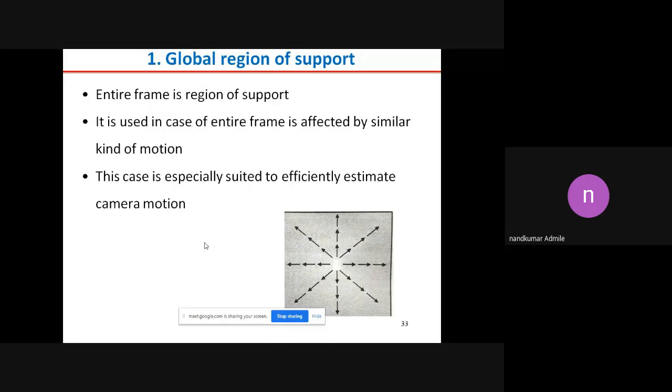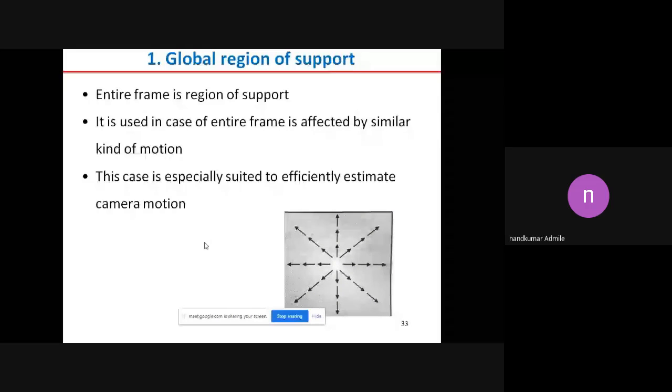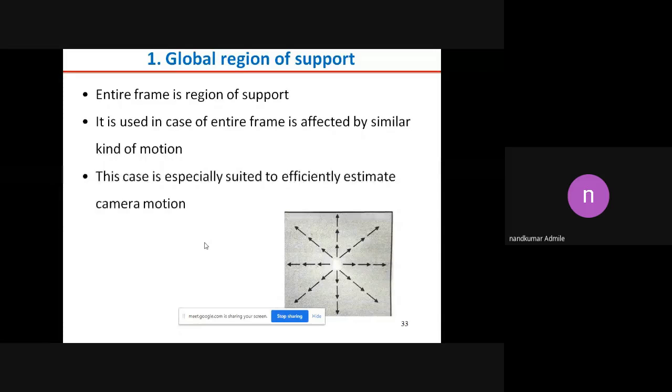If we look at a particular video or a particular frame, there will be a change in motion within the frame. We consider the entire frame which is in a moving position, and the position of pixels we can represent with arrows. If we look at the slide, we can define the positions of arrows in the entire frame.